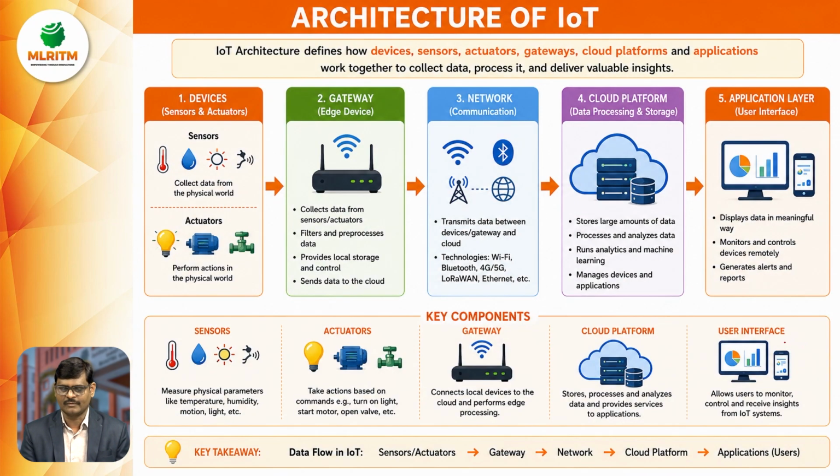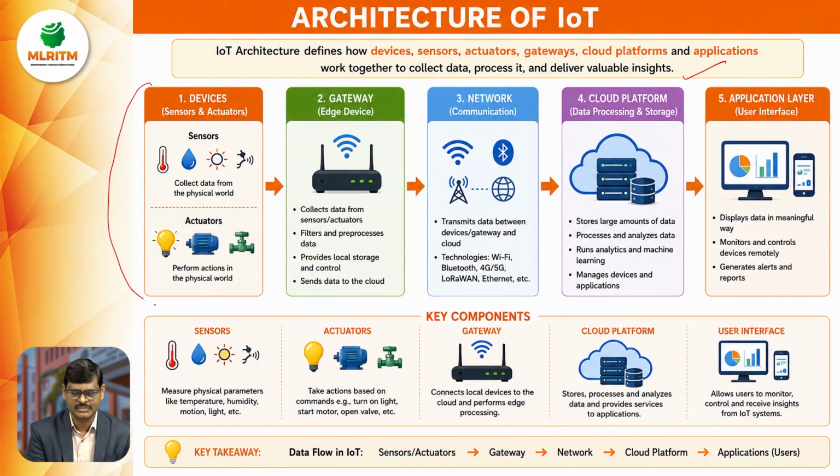Now the architecture of IoT. IoT architecture defines how device sensors, actuators, gateway, cloud platforms, and applications work together to collect the data, process it, and deliver valuable insights. This is a simple architecture.